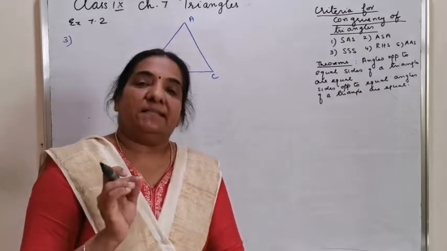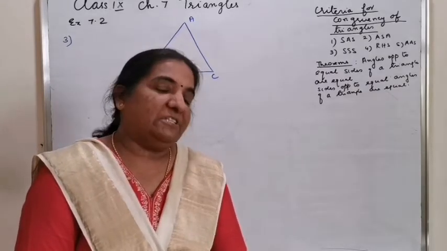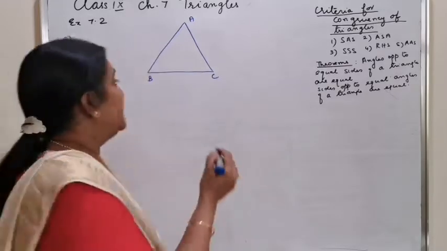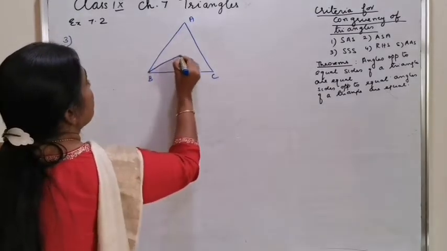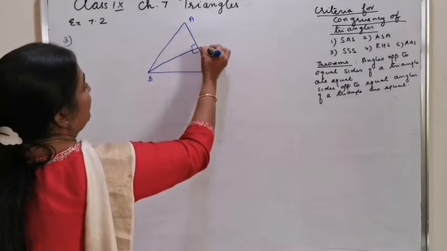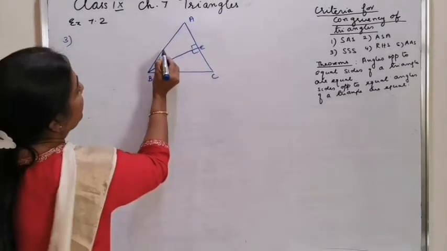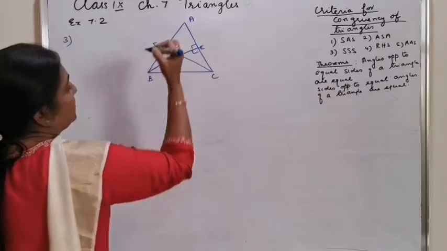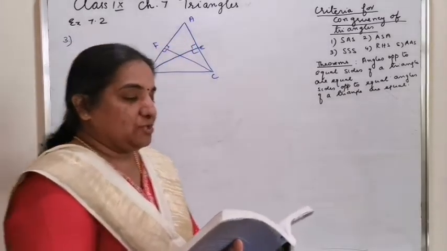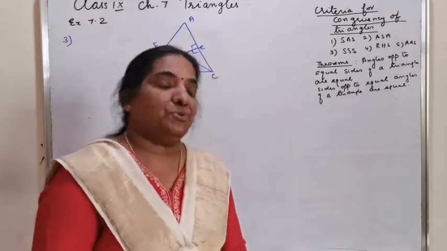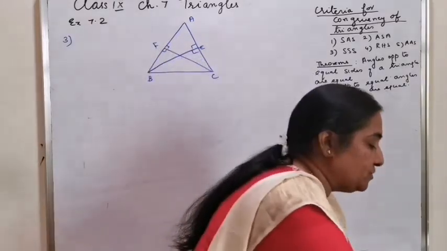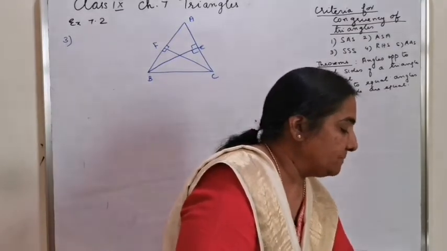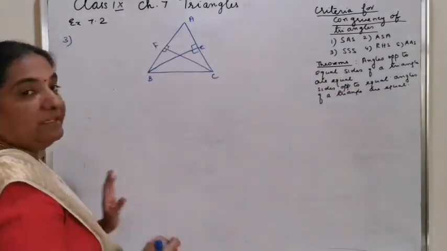Altitudes means the line which is perpendicular from the vertex to the opposite side. So, BE is an altitude, that means angle formed here is 90 degrees. CF is also an altitude, that is also 90 degrees. Show that these altitudes are equal. So what you have to prove is that the altitudes BE and CF are equal.